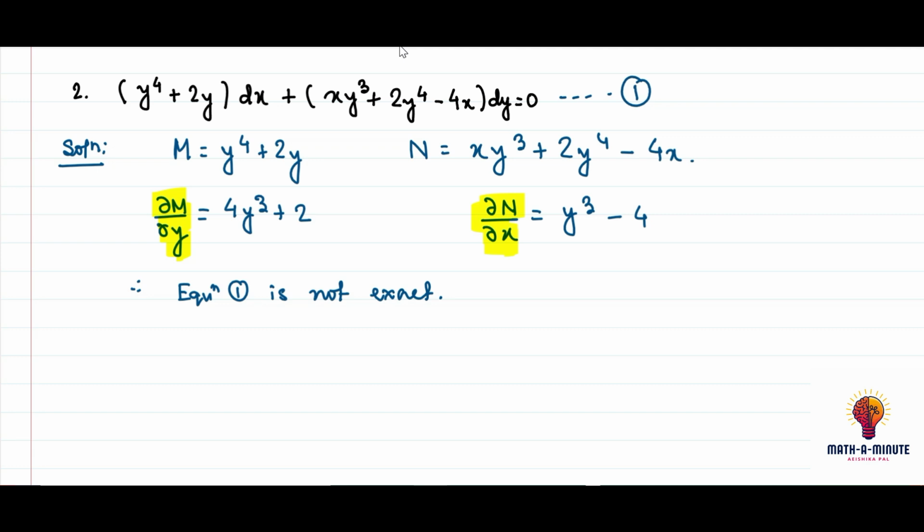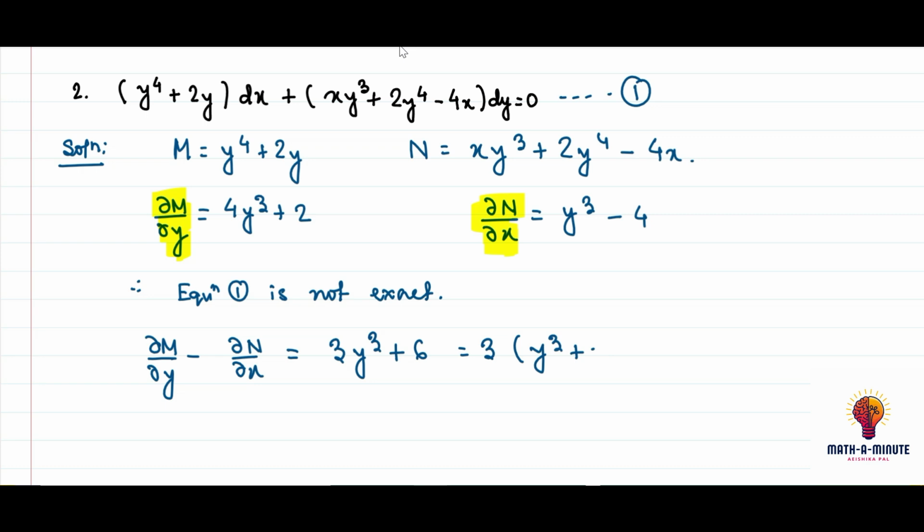Now we have to find the integrating factor. So calculate the difference of these. What is the difference? It will be 3y cube plus 6, so we can take 3 common: 3 times y cube plus 2.